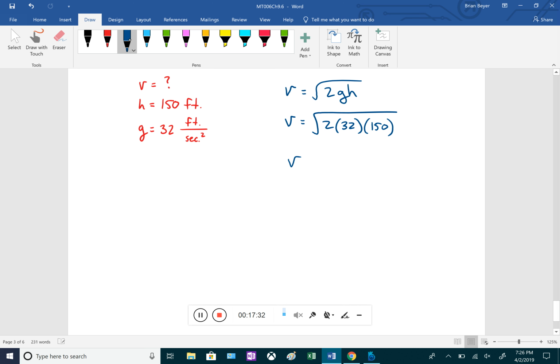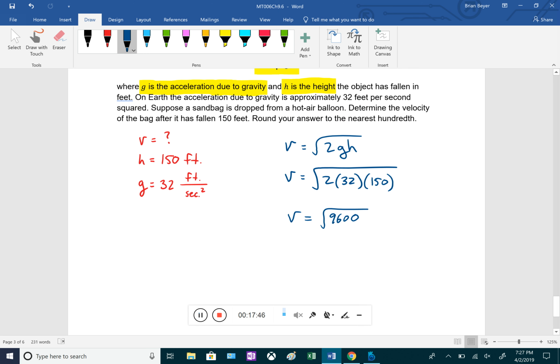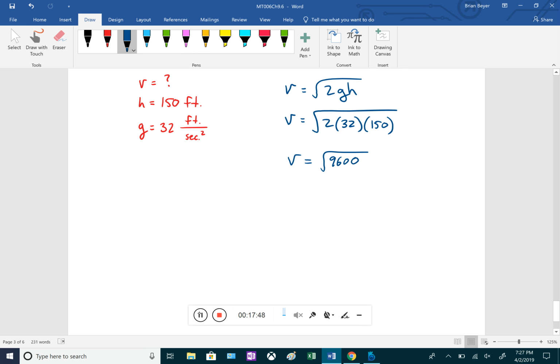Okay, so all we have to do is plug this in. We get v equals the square root of 9,600 after we simplified that radicand. And now we can plug this into the calculator. The instructions said round to the nearest hundredth. So plugging this in the calculator, we end up getting 97.9795.